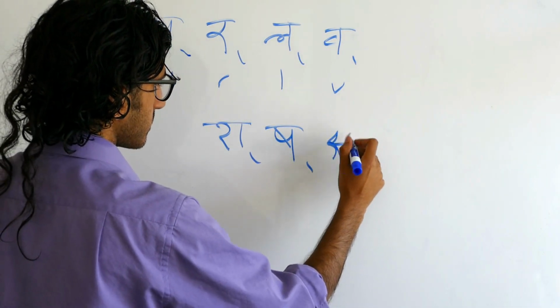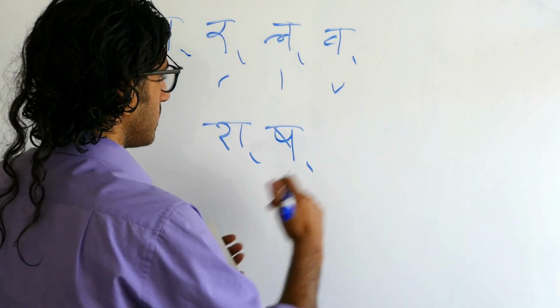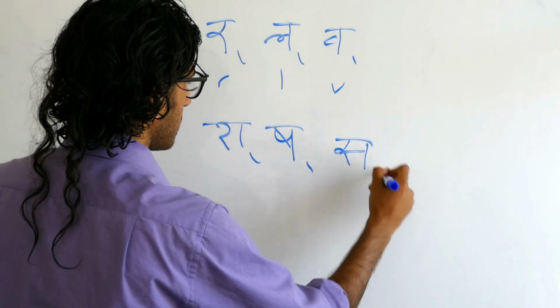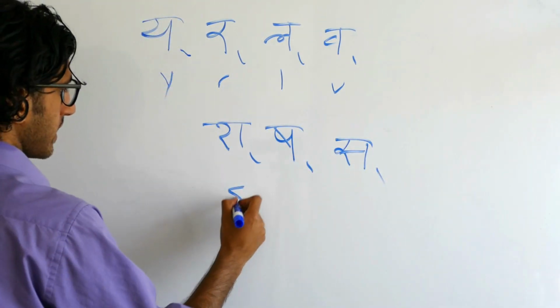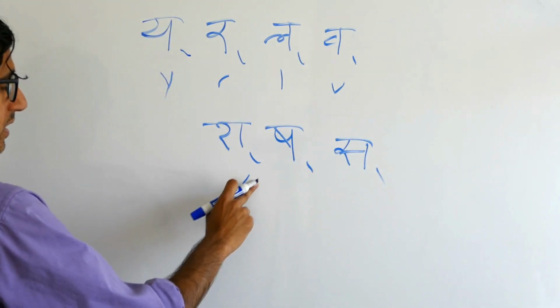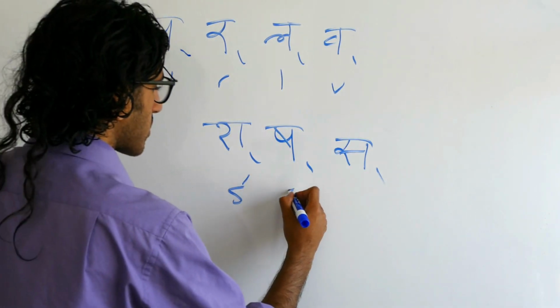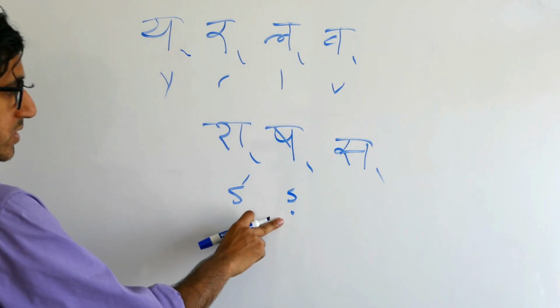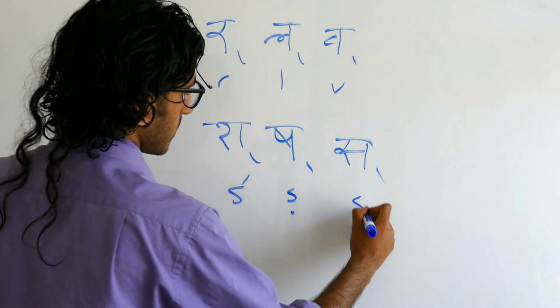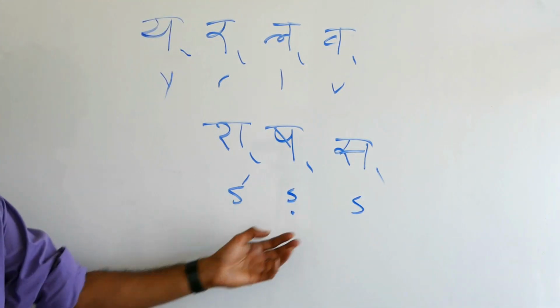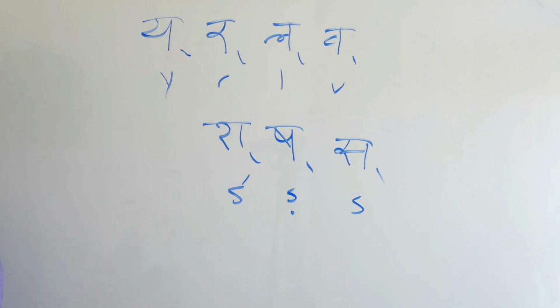Whoops. So we have, this is S with, I guess, a diagonal line like this, sha. And this is a sha with the dot because it's like a cerebral. And then we have a normal sa. This is how you transliterate it like that. Do we have anything else?